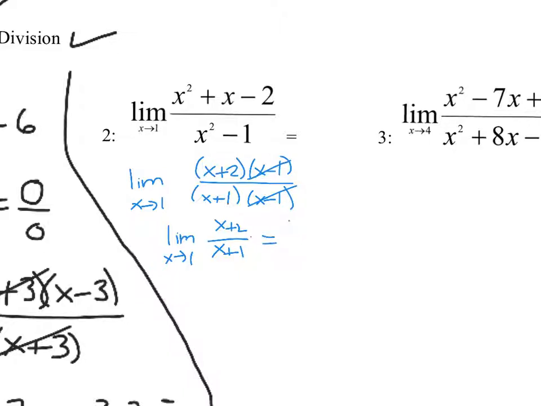So this is 1 plus 2 over 1 plus 1, which is going to be 3 over 2. So that's our limit. Factoring is a really nice way to do this, not the only way. We'll do a division one in a second. There are lots of other techniques that you can learn at a different time, but for just this introductory section, these are the two big ones we'll use.